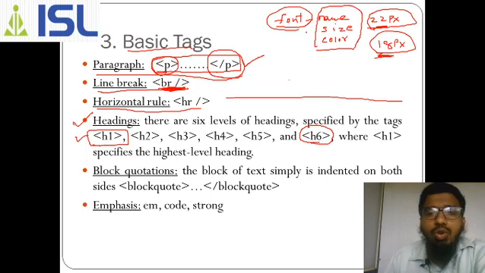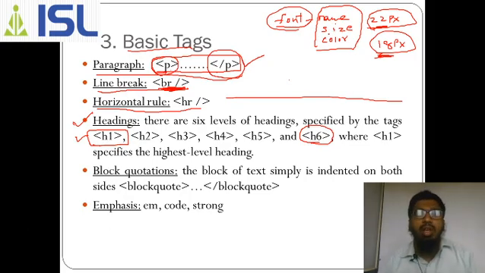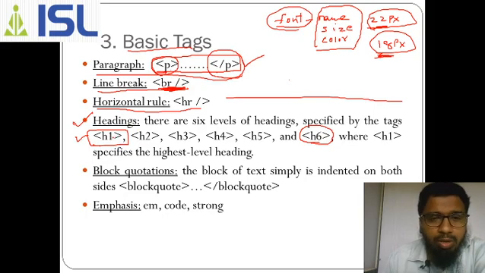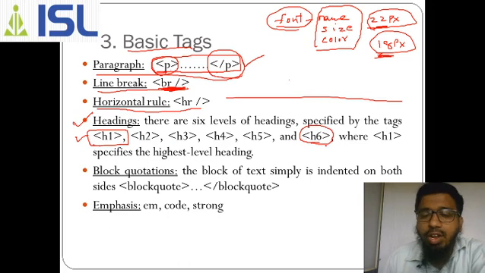So you don't need to worry about the size, color and all those things every time. If you pass an attribute, then you can change the color, and increase or decrease the size. So h1, h2, h3, h4, h5 and h6.